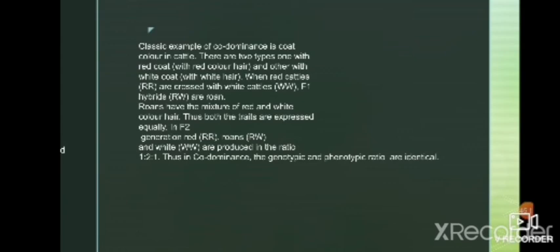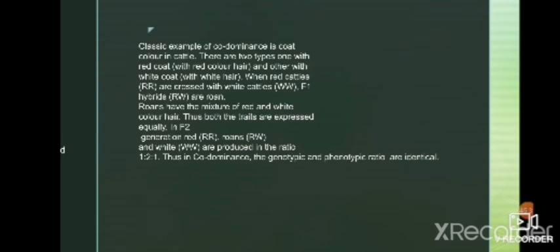When red cattle, capital R, are crossed with white cattle, capital W, the F1 hybrids are roan colored, that is capital R capital W. Roans have a mixture of red and white hair. Thus, both the traits are expressed equally.